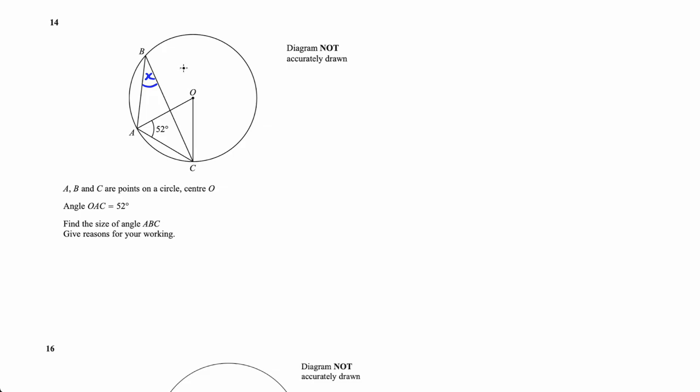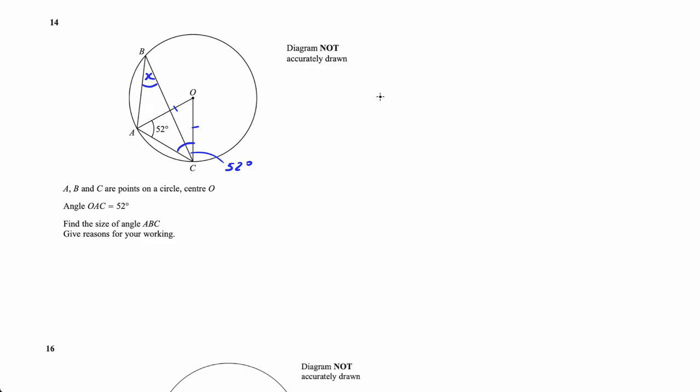Now straight away, guys, I see this is the angle at the circumference and this is the angle at the center, so this is going to be twice that. But let's figure some things out first. Here we have this radius triangle, so this one is 52 degrees. Now you can see how we're going to find that one from a triangle, and then just halve it to give me this one.